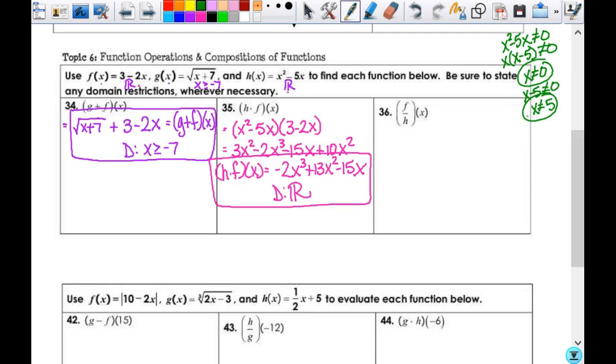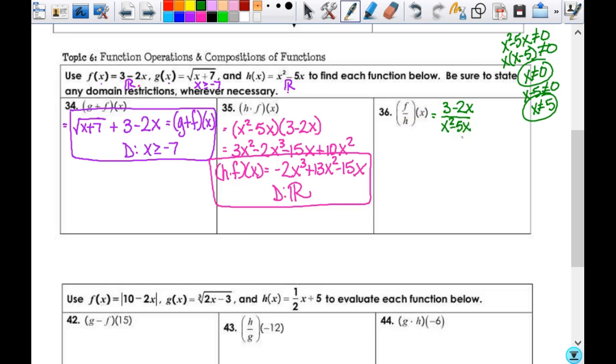Right? So those are two domain restrictions that I have in addition to anything else. Well, h was all real numbers, f was all real numbers, so there weren't any restrictions beforehand. But then I have to figure out what this is. So f over h is 3 minus 2x over x squared minus 5x. There's nothing I can do to simplify that.